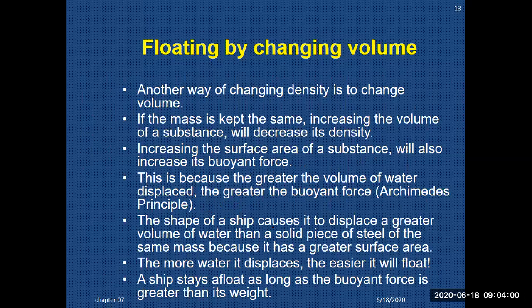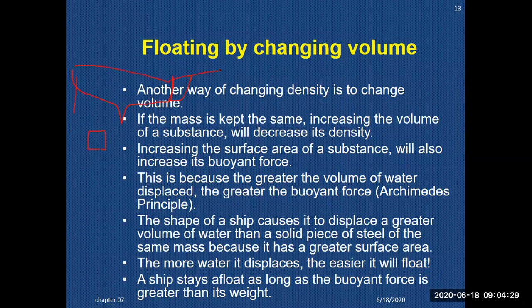The shape of a ship causes it to displace a greater volume of water than a solid piece of steel of the same size. If you look, the ship has this type of shape, but in the case of the block, the size of the block is this one. Both have the same mass, but here the volume is less, and here the volume is more.